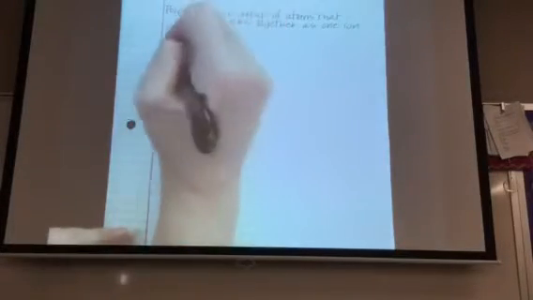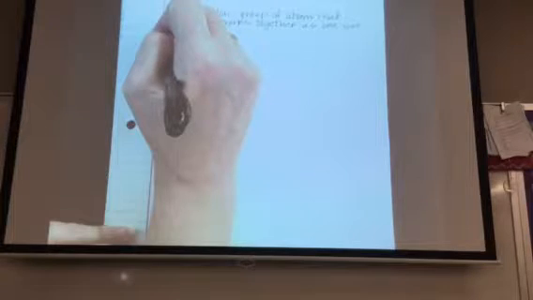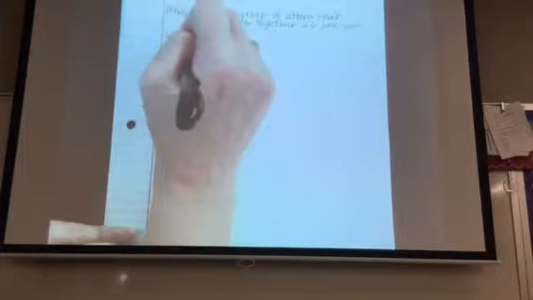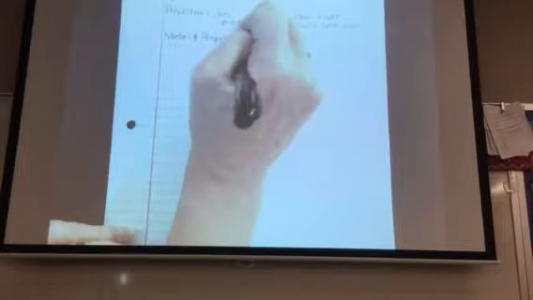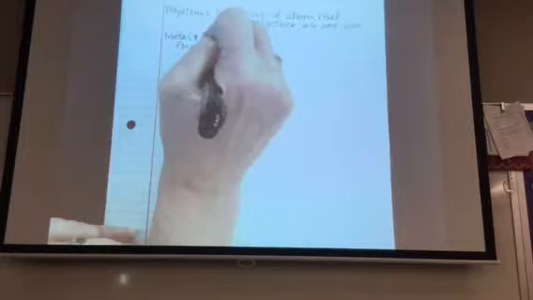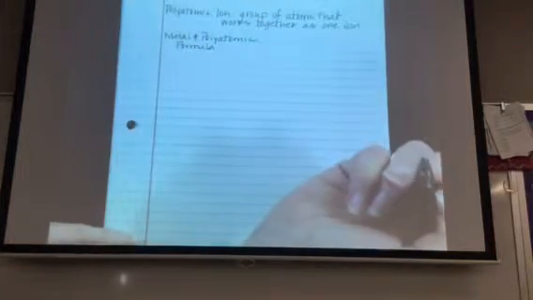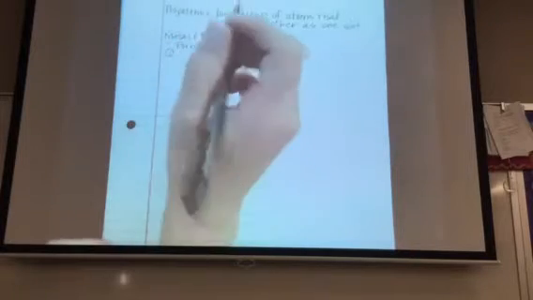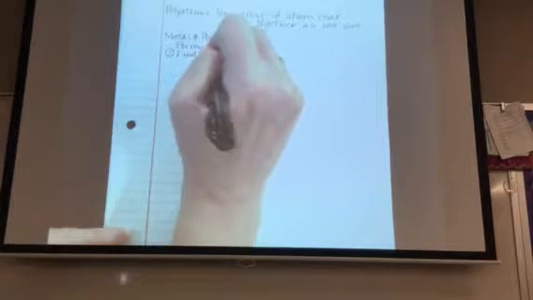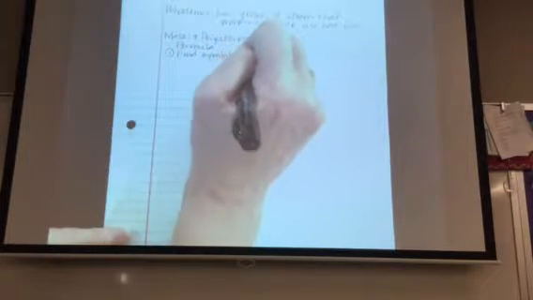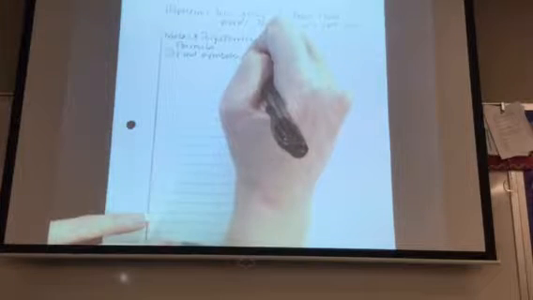Today, if we have a metal and a polyatomic ion, to write the formula, again, just like yesterday, we have two steps. Step one is to find the symbols and the charges of both ions.